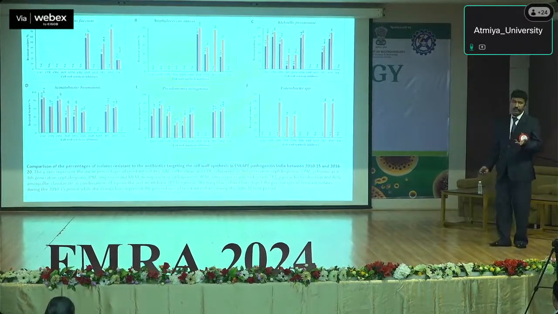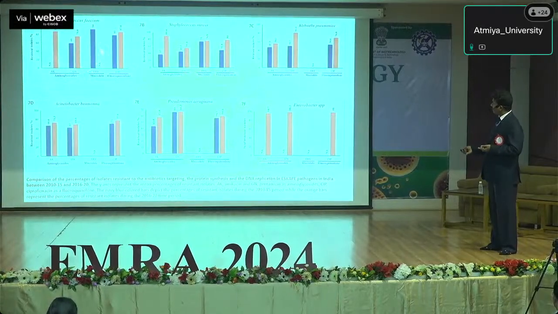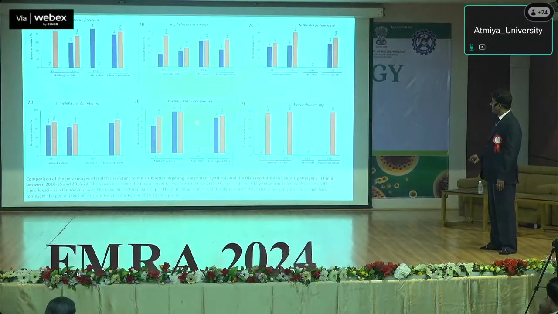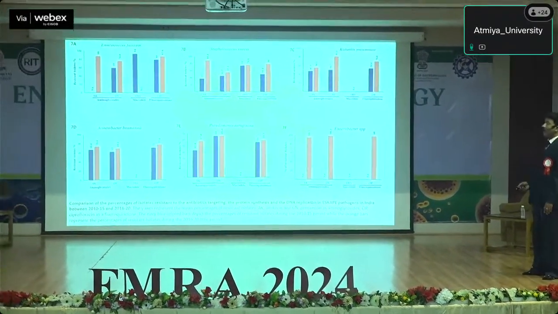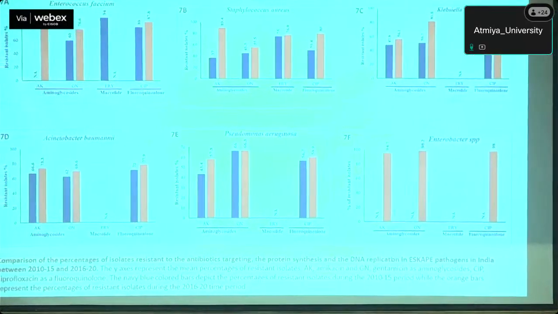Tazobactam is also another beta-lactamase inhibitor. So even for protein synthesis inhibitors and DNA synthesis inhibitors, we could see increased resistance for Enterococcus faecalis, Staphylococcus aureus, Klebsiella pneumoniae, Acinetobacter, Pseudomonas aeruginosa, and in Enterobacter, there were only reports coming from the second half.